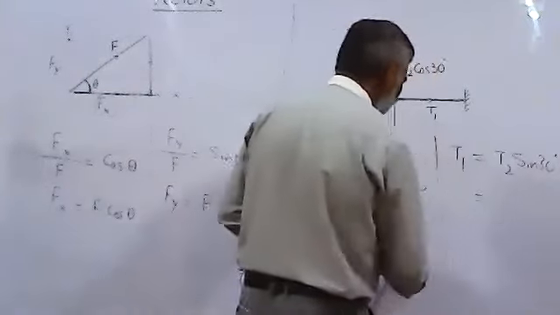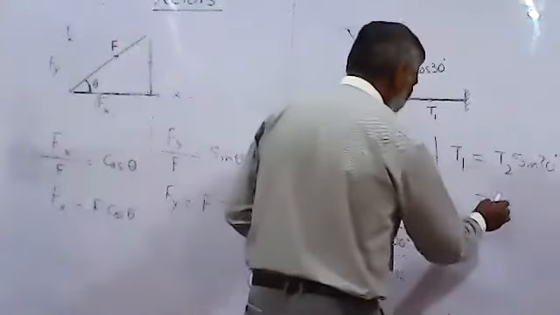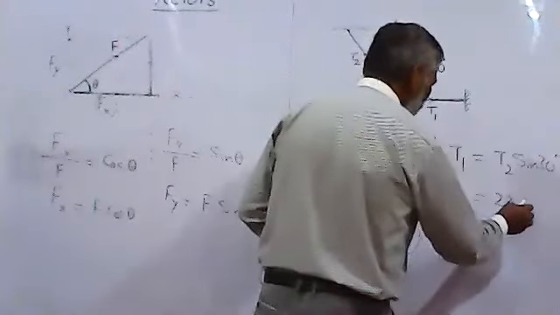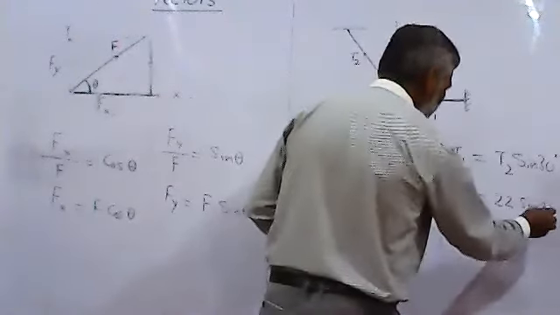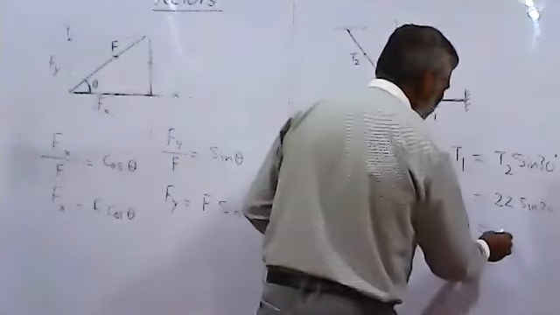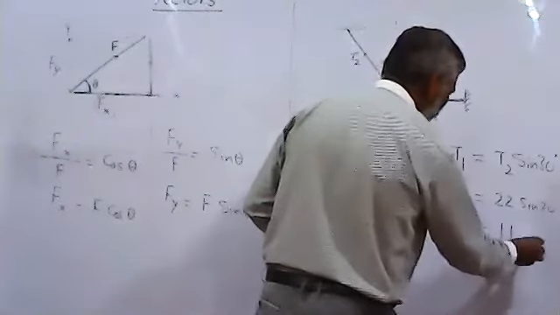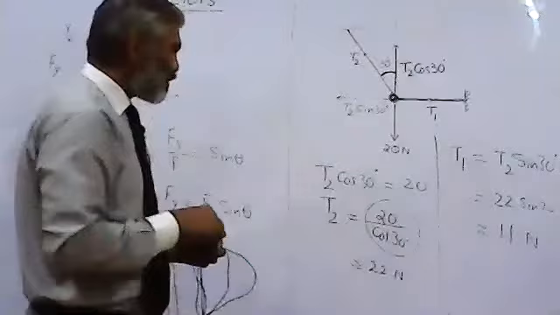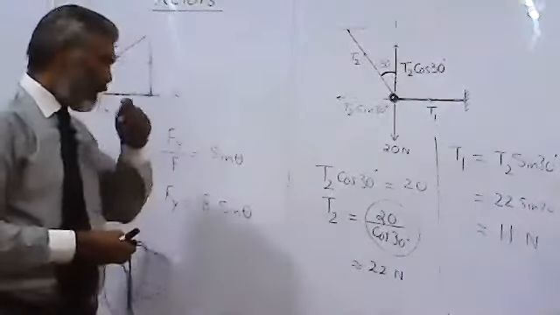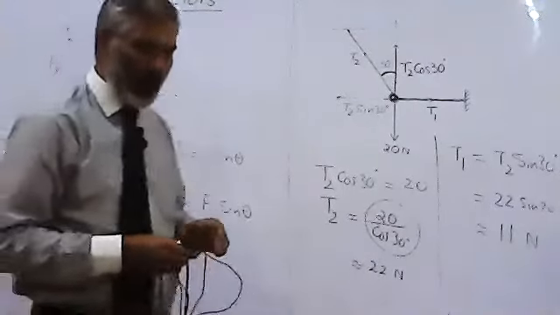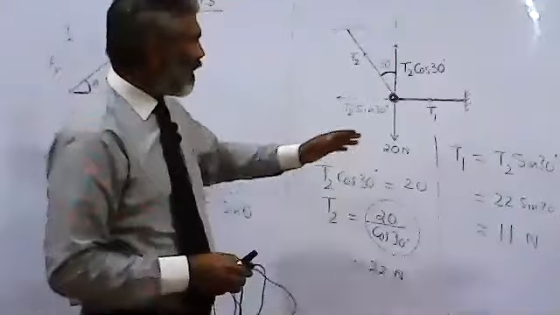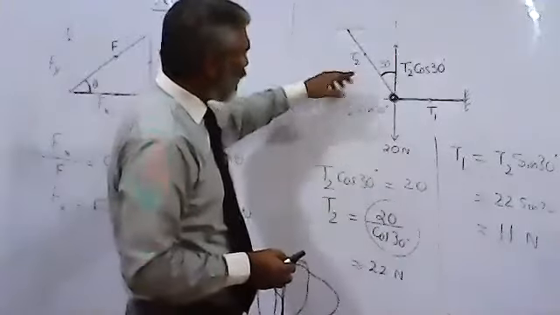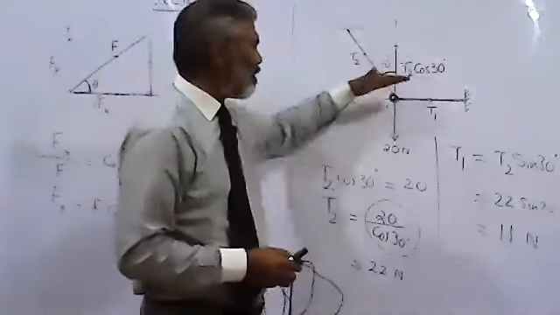So when I use this value of T2, which I assume 22, and sine 30, I readily see that this is approximately 11 Newton. So I have quickly found the values of two unknown forces simply by breaking this force into its components.